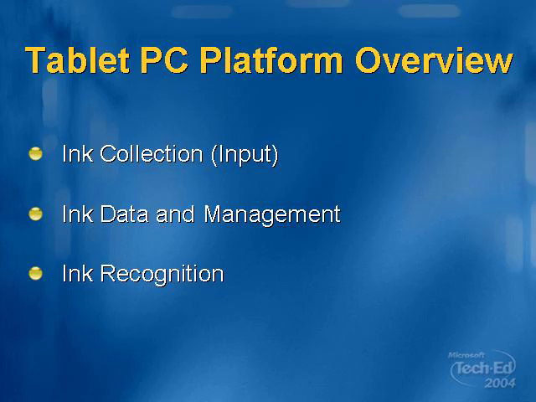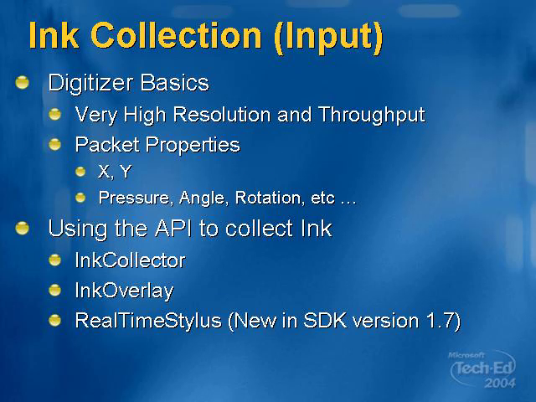So let's talk a little bit more about ink collection. Every tablet PC has an electromagnetic digitizer behind the LCD panel. So you can use a pen to do basically the equivalent of mouse input functions with a pen. The digitizers on tablet PCs are very high resolution and very high throughput.